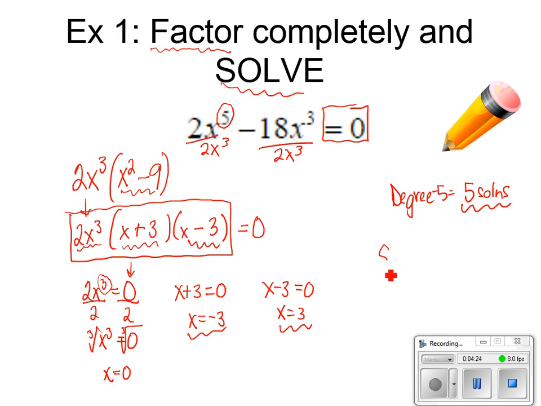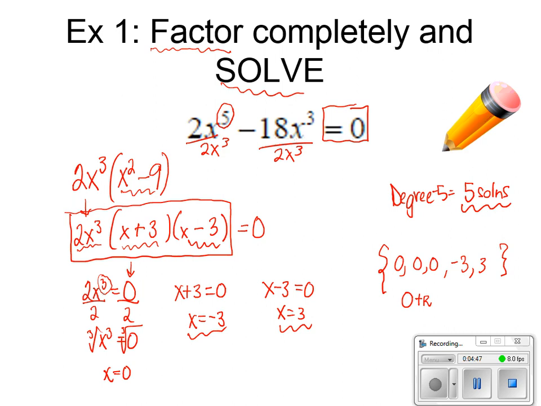So we do have 5 solutions, we just don't see it. We have a 0 three times. I can write that 3 times, or I can write 0 and write triple root, which means 3 times. And then I have negative 3 and 3.